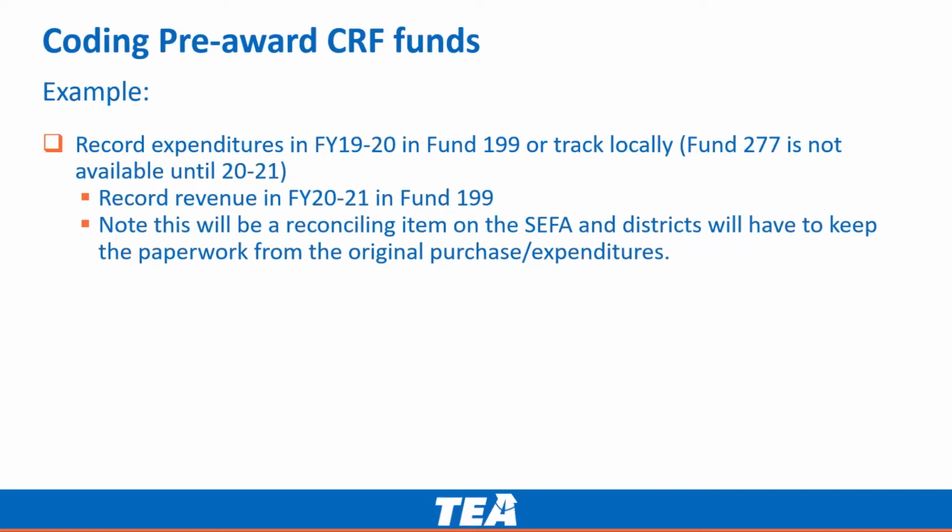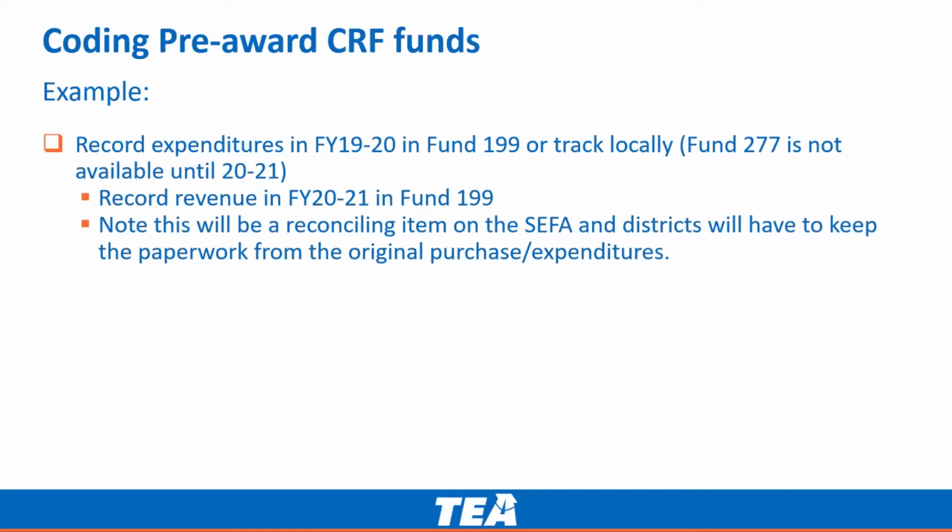So for the 1920 school year, let's say you recorded your CRF expenditures in 1920. So these are your March through May expenditures. We told you to track those locally. And if you remember, we didn't have Fund 277 at that point. And so it wasn't available for the 1920 school year. It is available now for the 2021 school year, but it's not available for 1920.